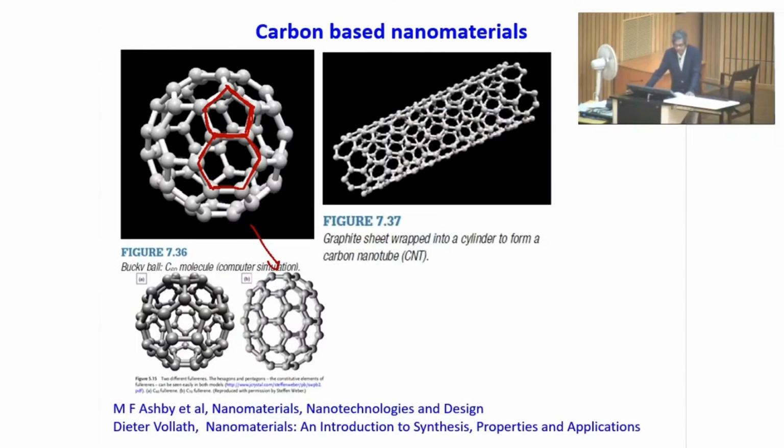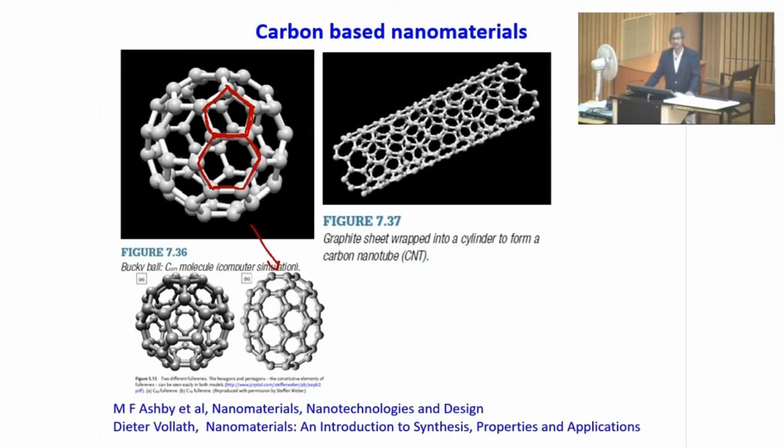We also showed that carbon nanotubes can be produced from a single-layer graphene by simply wrapping it around a cylinder. And graphene is the recent nanostructured carbon material.